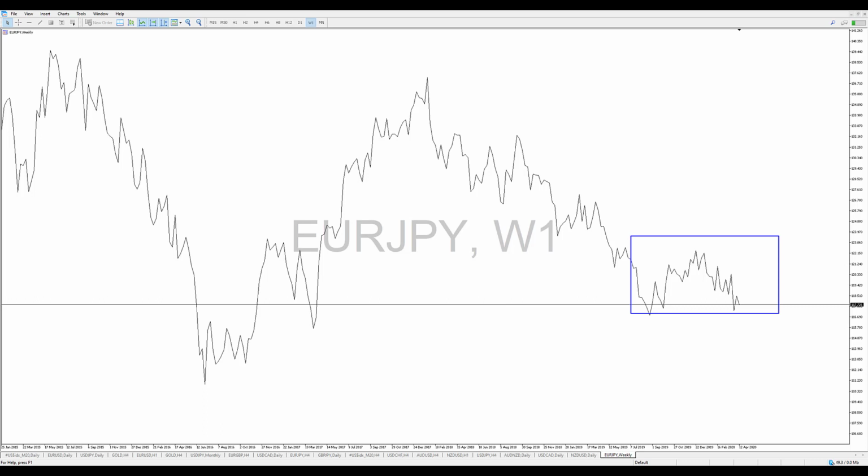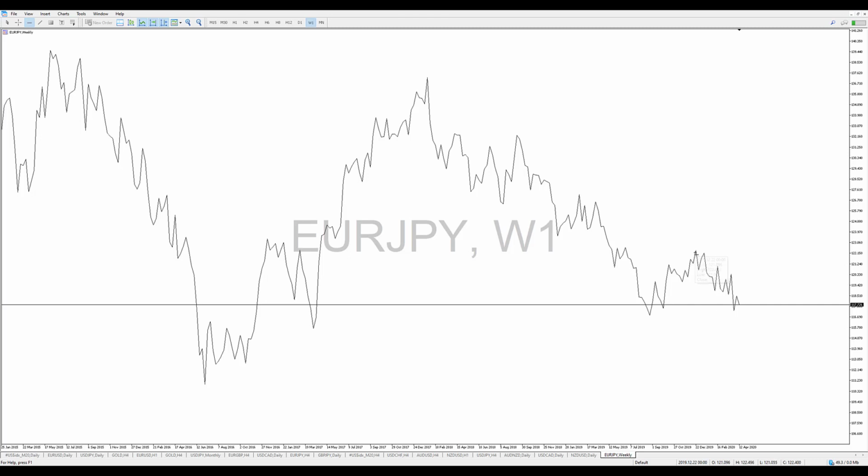So with your line chart on, grab your horizontal line tool. Now mark out any peaks and any lows that you see on the line chart. Remember to mark the peaks differently to the lows.